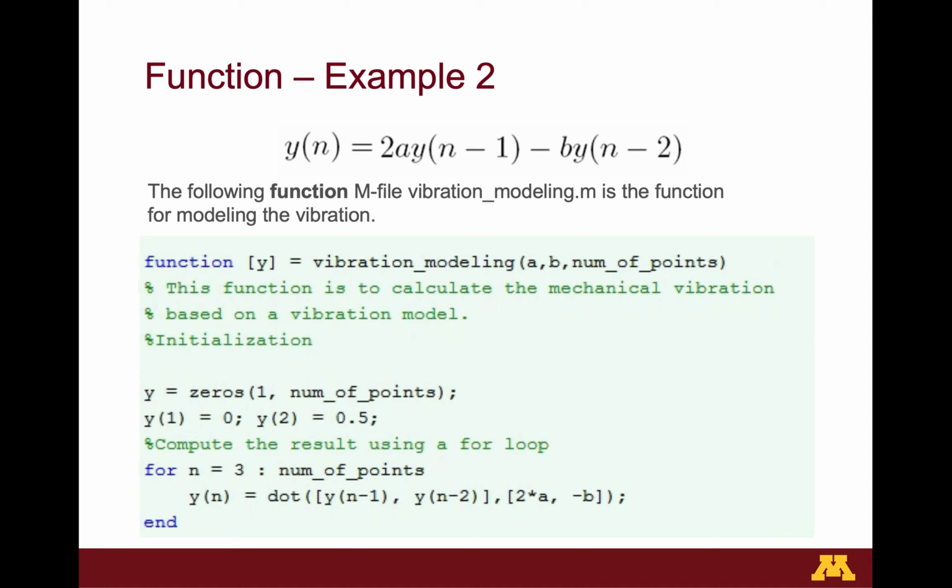Again, the first line of such an M file is to define the function itself. Function y equals vibration modeling of inputs a, b, and number of points. This function calculates the mechanical vibration based on the vibration model given on top of this slide.